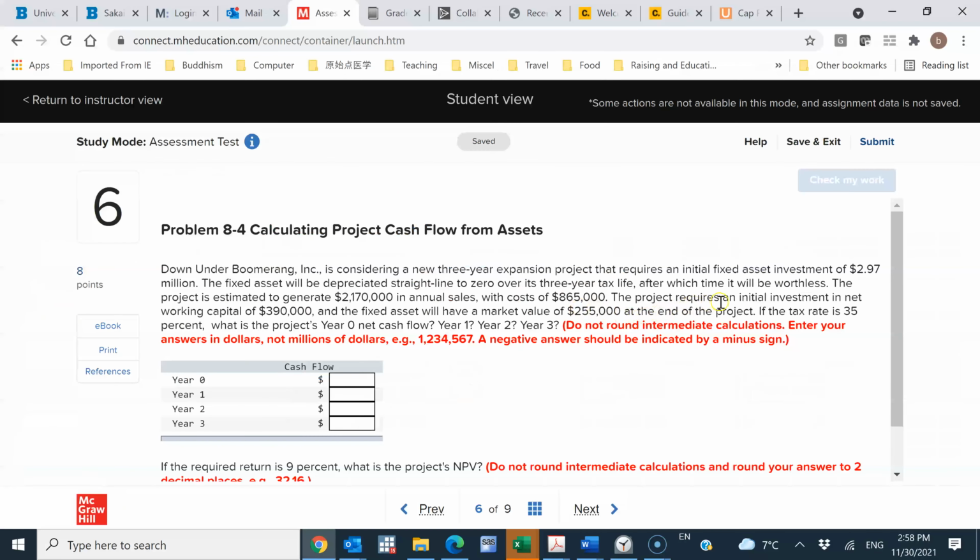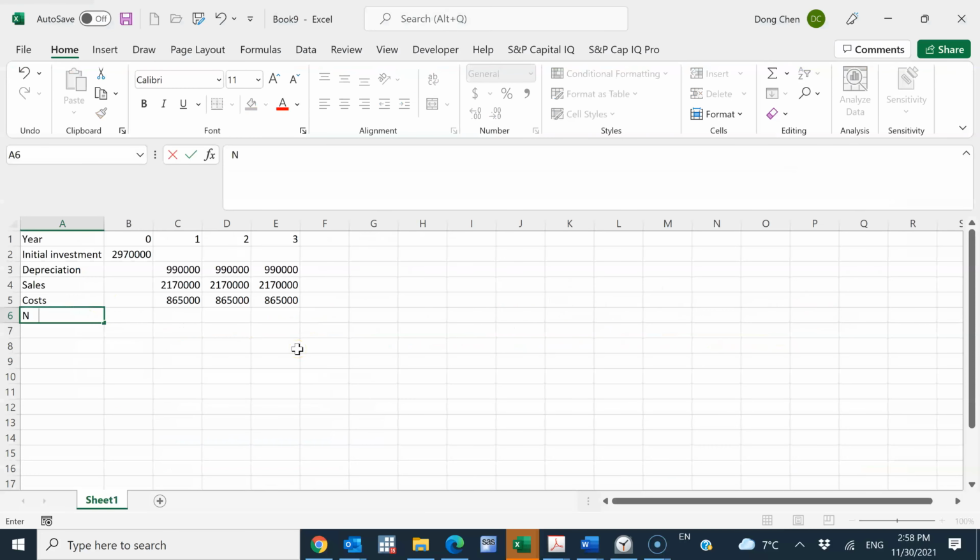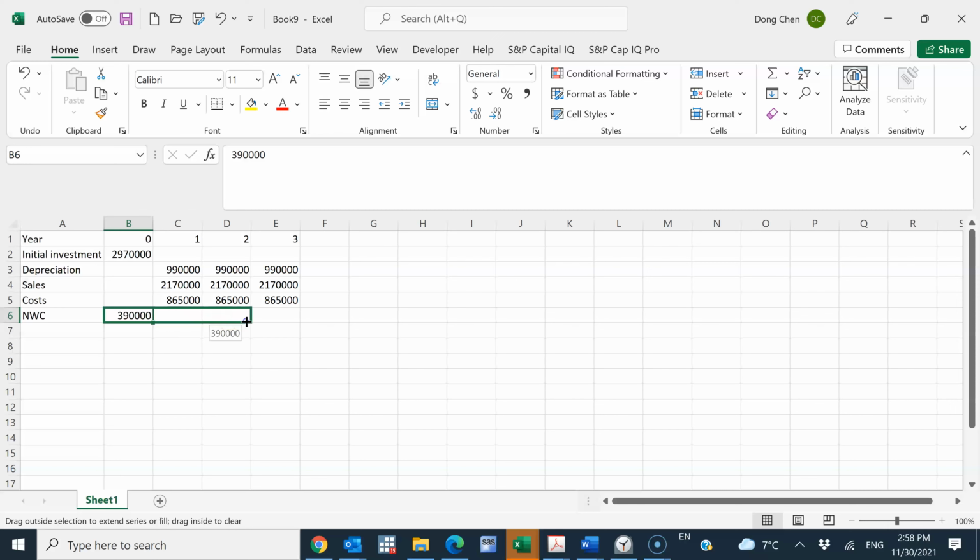The project requires an initial investment in net working capital of $390,000. So NWC is $390,000. It doesn't mention anything about subsequent net working capital, but by default, this level of net working capital will be maintained throughout the years except for the final year.